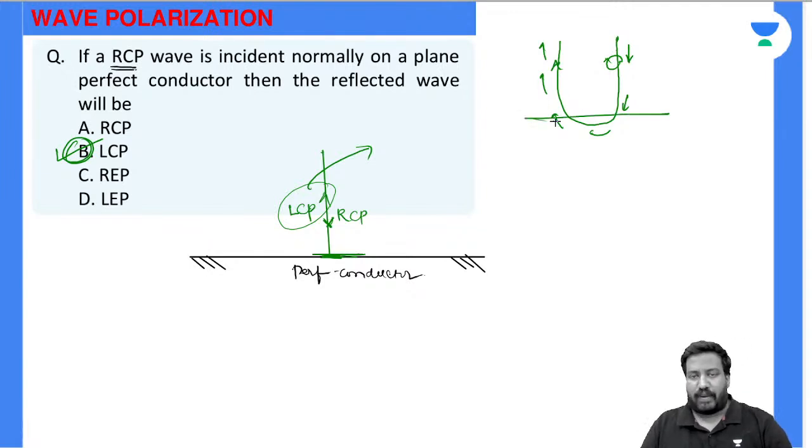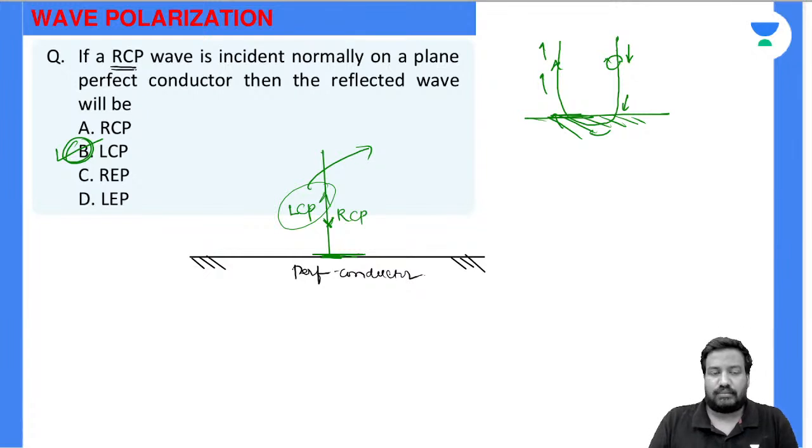But if it is reflected from a perfect conductor, the reflected wave, this is acting as an antenna that is generating. Most of the people will think that change in direction is responsible for change from right to left or left to right, which is wrong. Not students, even faculty will think the same. Many of the faculties also think that the change in polarization is because of the change in direction, which is absurd, absolutely false, completely wrong.